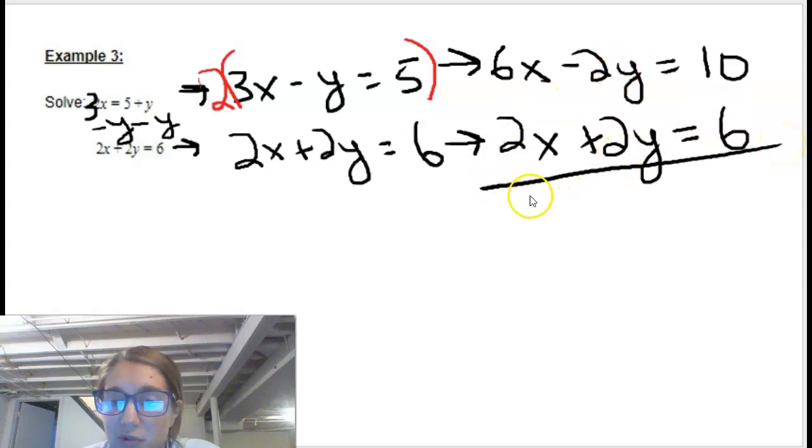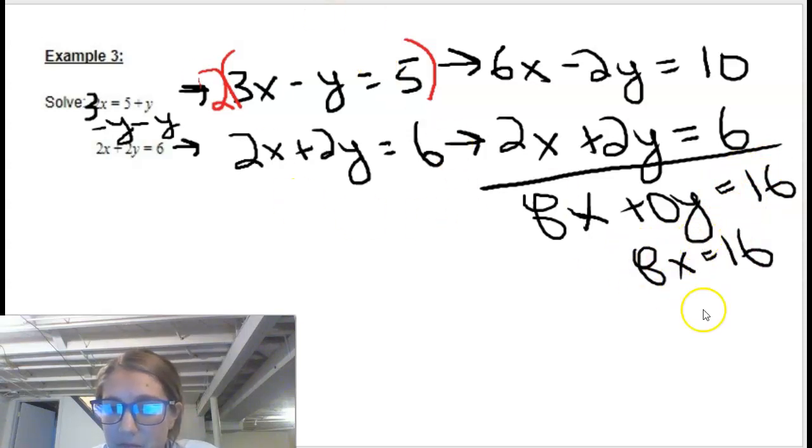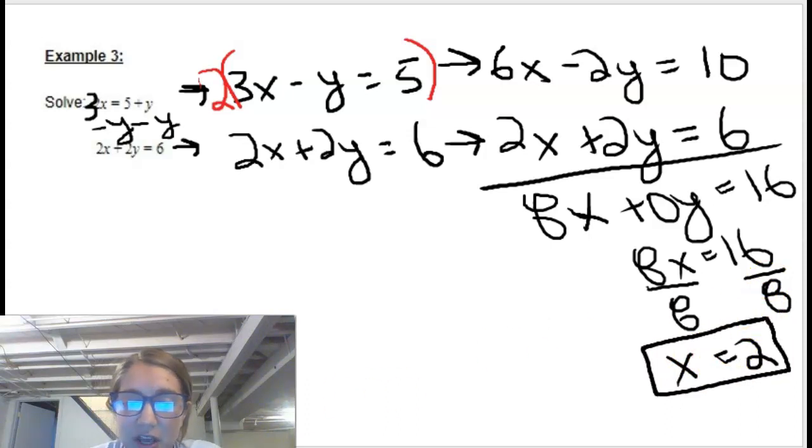Now I have a situation where my y's are eliminated. So I have my x equals 2, which is helpful, but I don't know my y value yet.